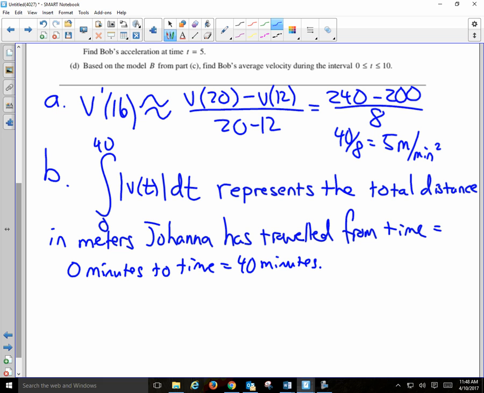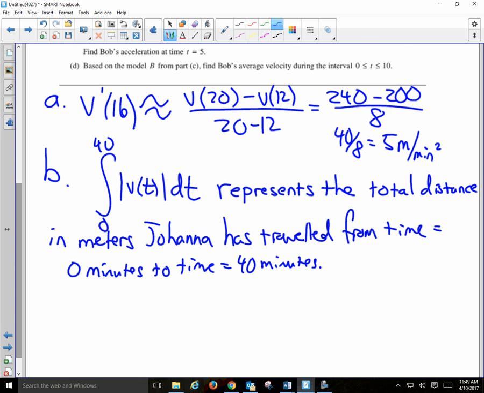So absolute value refers to that total distance. 0 to 40, those are the times, and you must express it in minutes, and then distance in meters. So make sure all those pieces are there.